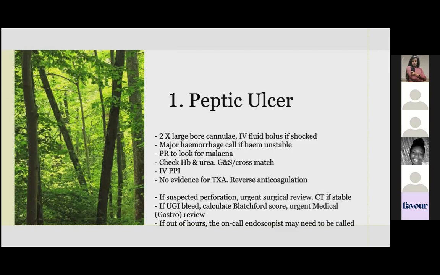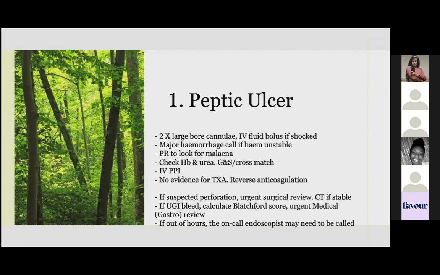But you do need to check if the patient's on anticoagulation, whether that's NOAC or warfarin, and reverse this as appropriate. If you suspect perforation, then an urgent surgical review is needed. If the patient's stable, they need a CT scan.